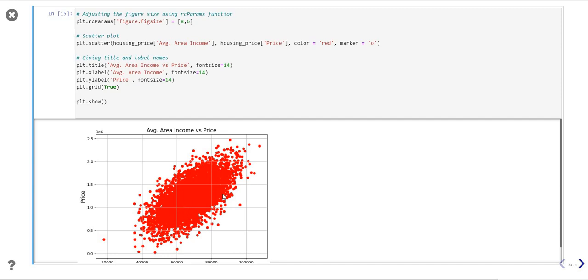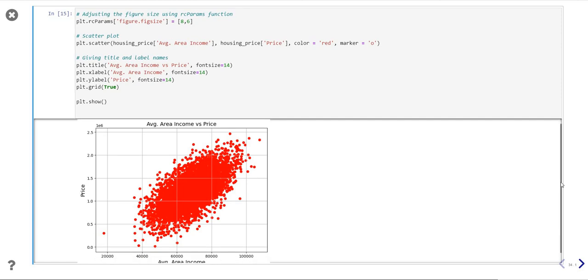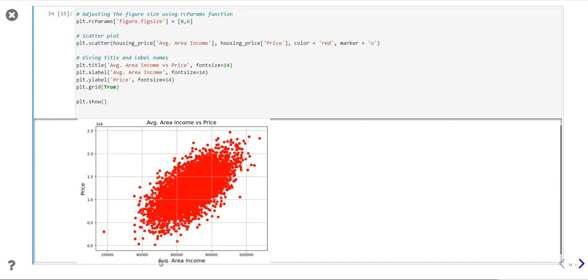Now, based on this scatter plot, what is the relationship between the average area income and the price? Does it have a linear relationship? Are you able to see?